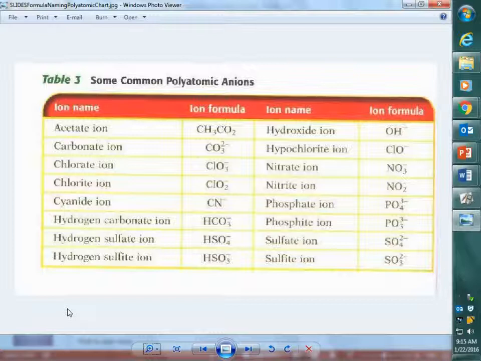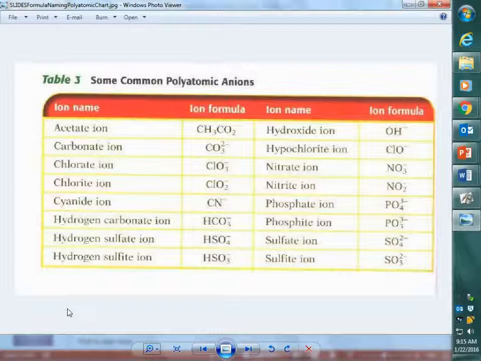Very similar, but one's 3 oxygens, one's 2 oxygens. Okay? Why? Just how it happens. Okay? These are all what we refer to as polyatomic ions. Several atoms that are bonded together covalently that then pick up extra electrons from somewhere so they become negatively charged. Right? Good there?